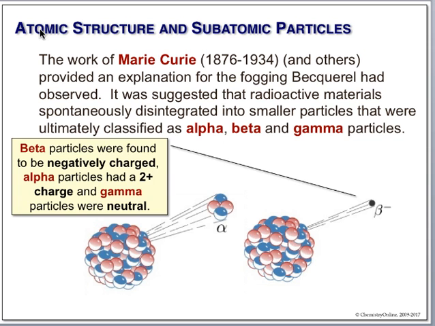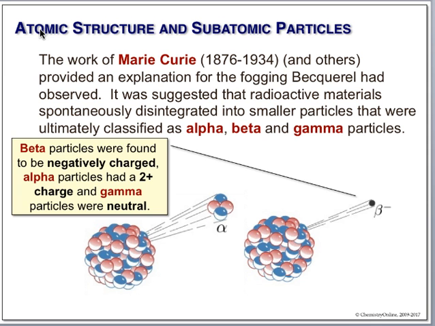And finally, they figured out that there were a group of elements that would emit particles. They defined 3 of them: an alpha particle with a charge of +2, a beta particle with a charge of -1, and a gamma particle which was neutral.